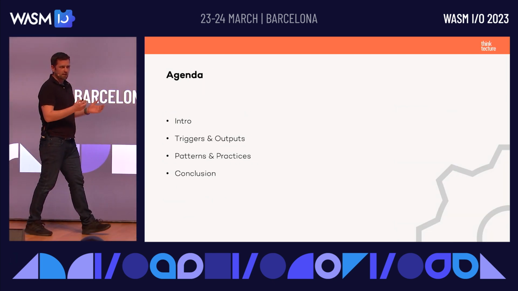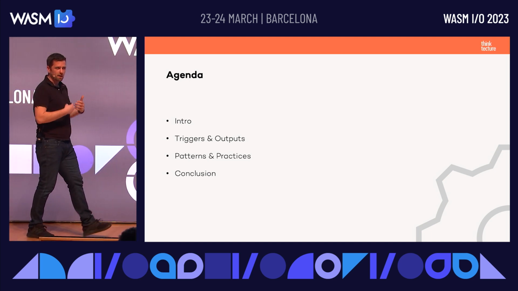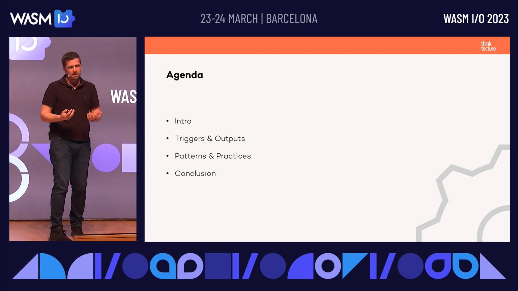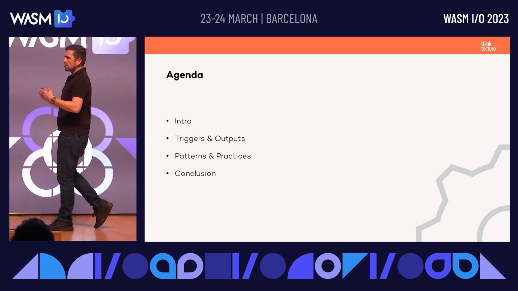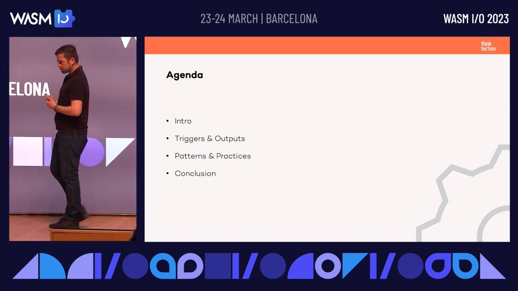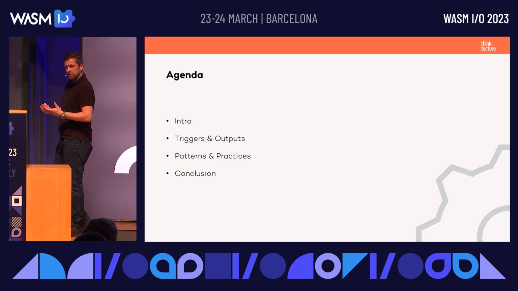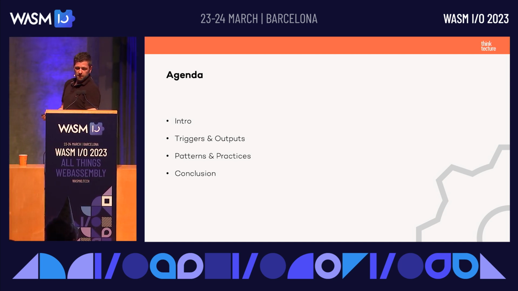So let's have a look at the agenda. First, I will ensure that everybody's on track, so that everybody has a common understanding of what Spin actually does and what we can get from using it. Before we take a look at some key components that Spin provides us in order to build applications.